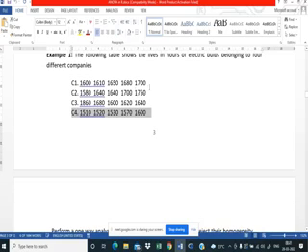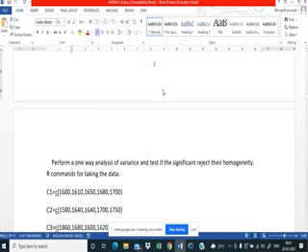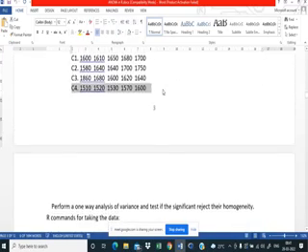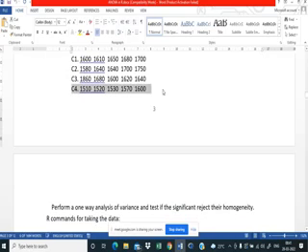So this is the time for which they were illuminated. After that they got fused, they did not work anymore. I want to find out whether the average lifetime of the bulbs coming from the 4 different companies is equal or not. That is the purpose. So let us see how we can implement this in R.